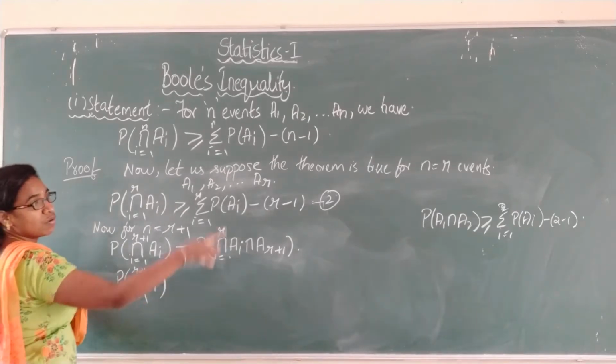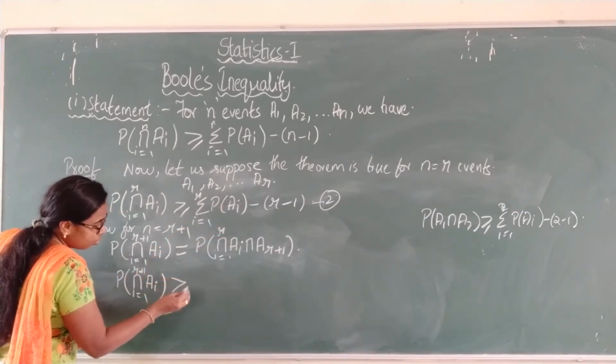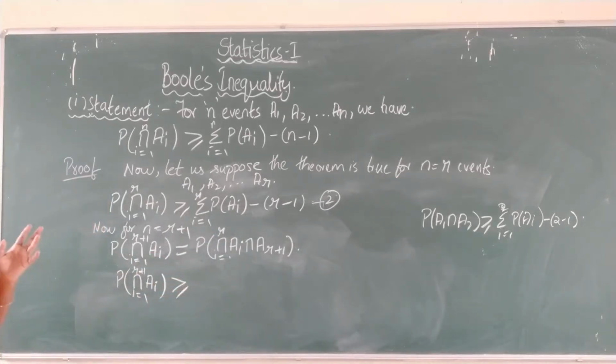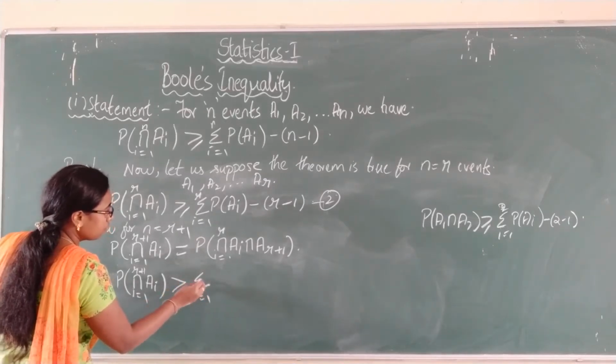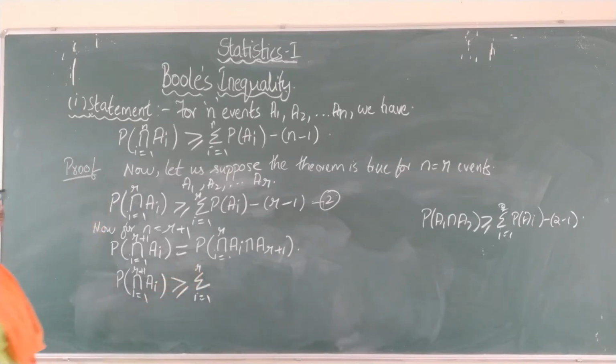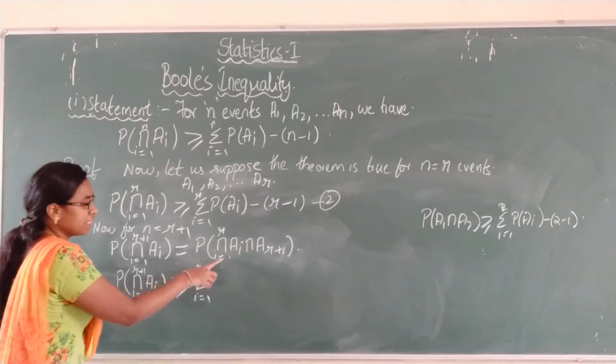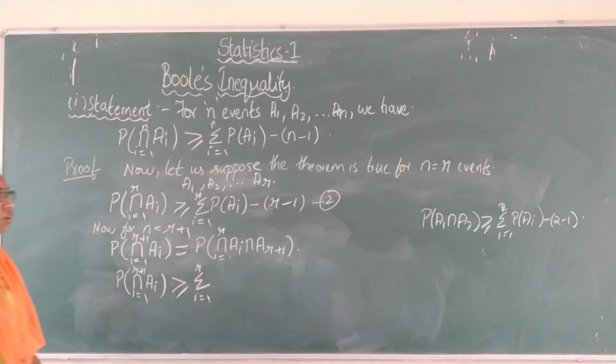On the right hand side we have the summation i equals 1 to r of P of Ai. So the first term is the intersection of Ai.